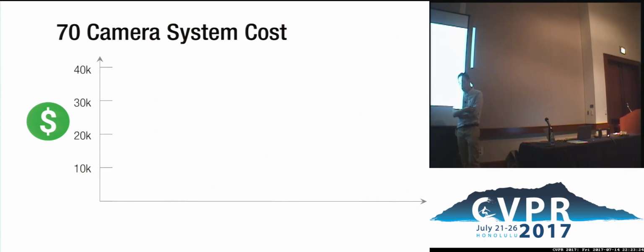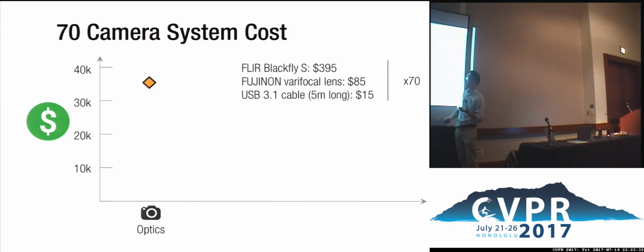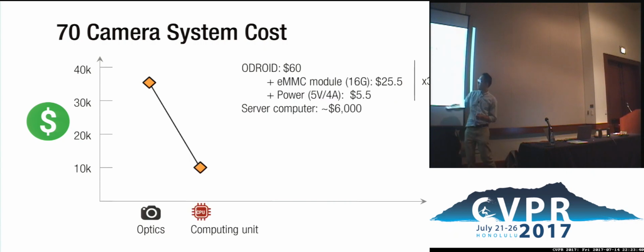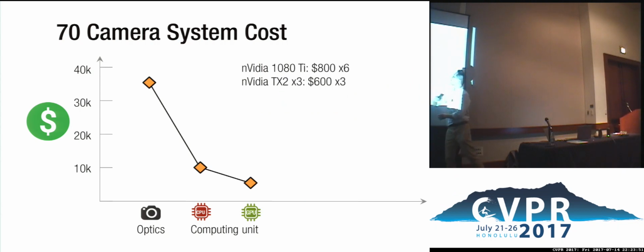So here I would like to summarize our budget. I wanted to have a strong emphasis on optics, so I spent about $35K for the 70 cameras, including lenses. Okay. And for the computers, the CPUs, including the Odroid and server, it cost about $10K. And for the GPU, we spent about $8K. But if you want to run more convolution layers on the cameras, then this price can go up.